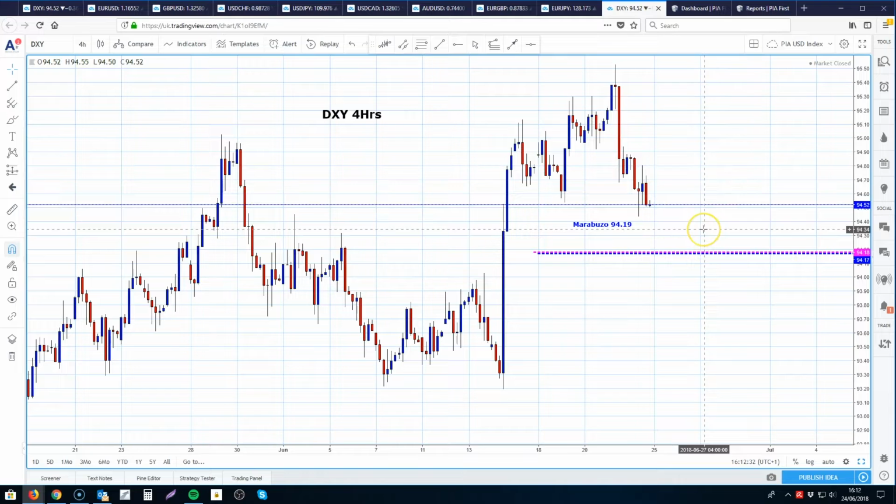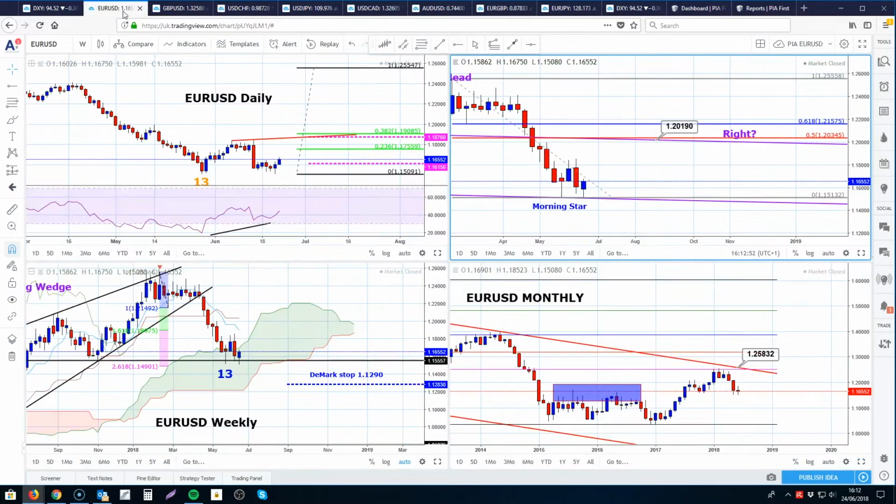So we've got to keep that thought in the back of our heads when we're looking at the other dollar majors and forecasting where we think we're going to go this week. So the dollar index, medium term flips to the downside, short term support at 94.19. If we see bounces at the beginning of the week, we're going to look at selling into them.